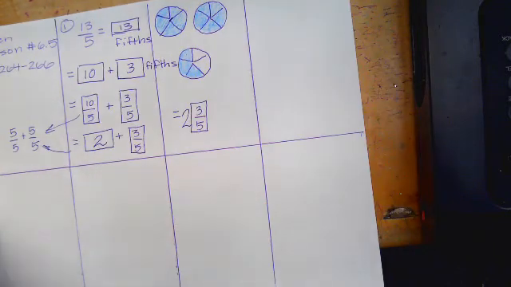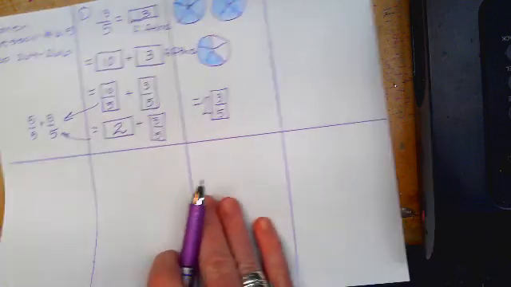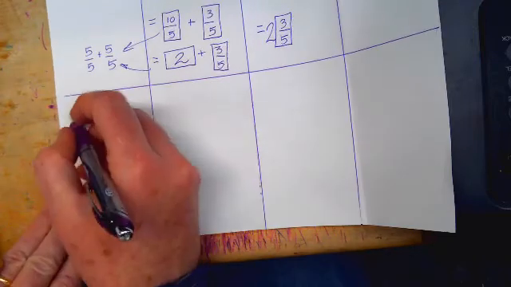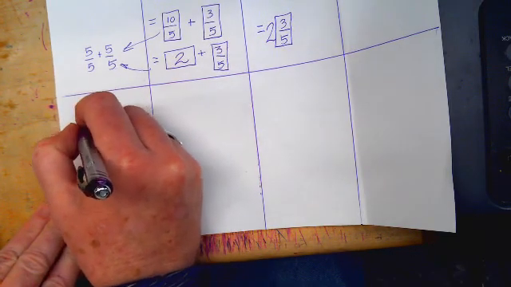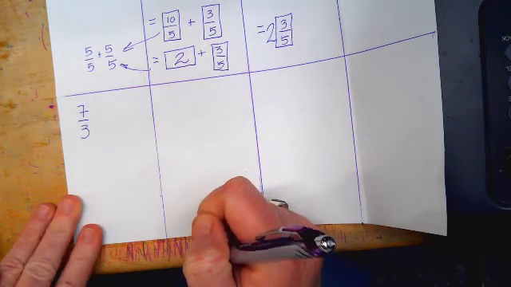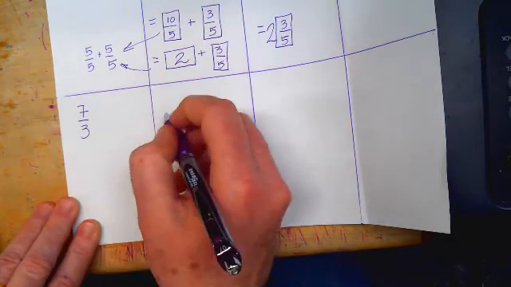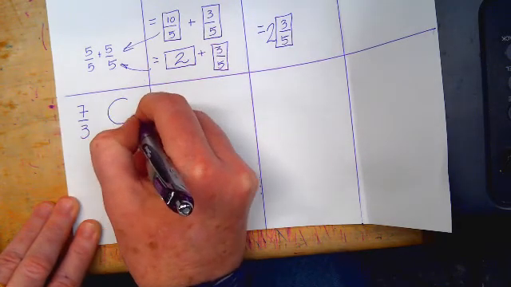Okay? So let me show you that. Let's look at it in a couple of different ways. Let's look at it with a drawing, and then let's also look at it down here. We have enough room to kind of spread out. So let's look at that problem if we say rename 7/3. Okay, so we're going to take 7/3 and we're going to rename it. Now 7/3 looks like this.